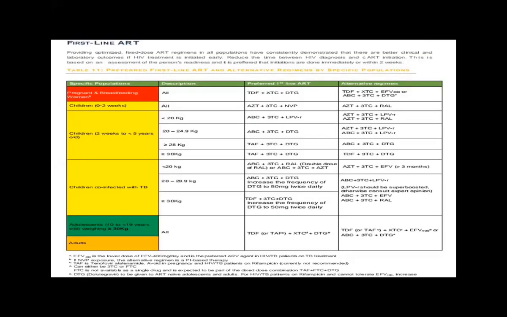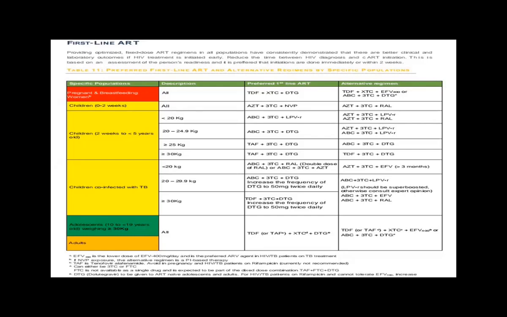Okay, so now here we're going to look at the first-line ART drugs that are preferred in patients and have been approved in Zambian health facilities. We're going to look at them in groups. After assessment, when the person is ready to start ART, the drugs are initiated, and this is done immediately or within 2 weeks.